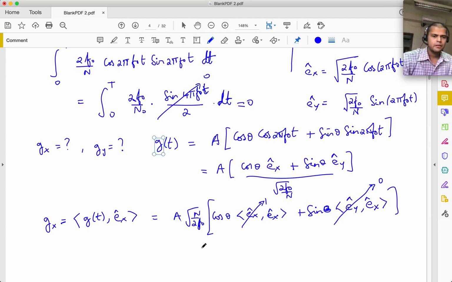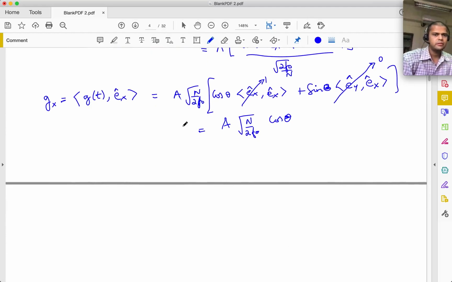So we are left with a root n divided by 2f0 cos theta, that is gx.